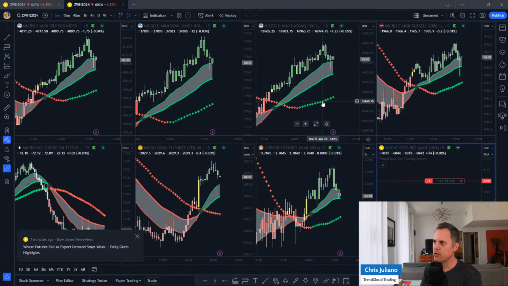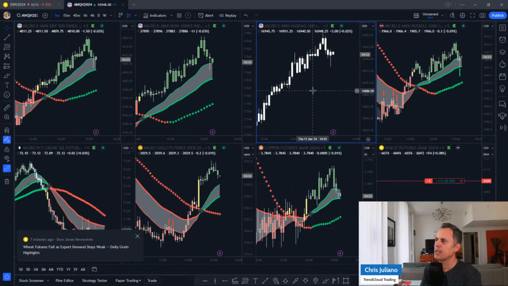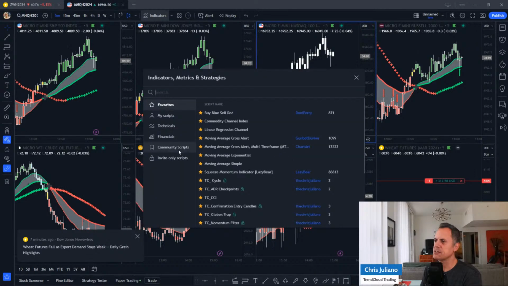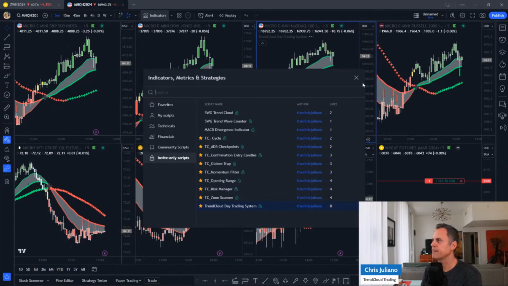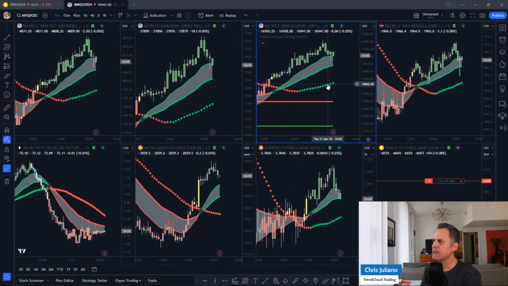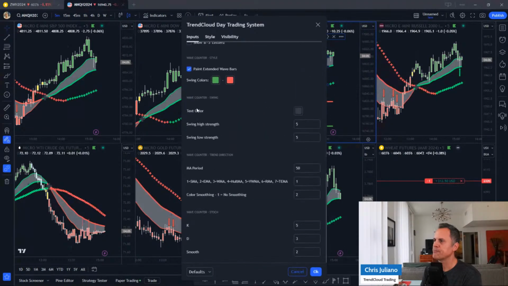To update your TrendCloud, let's just say remove indicators, and then go back into your indicator setup. I have updated it. So the same indicator, just click onto it again, and now you have the option right down here, text color.